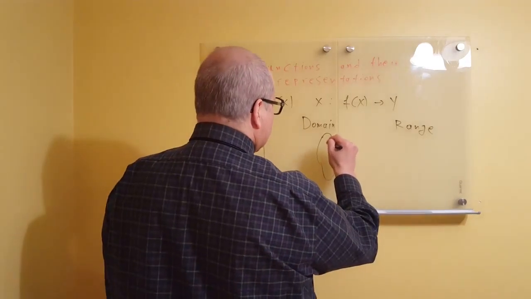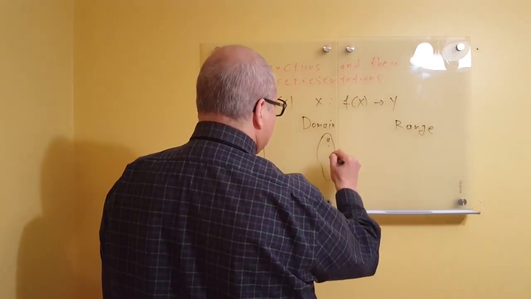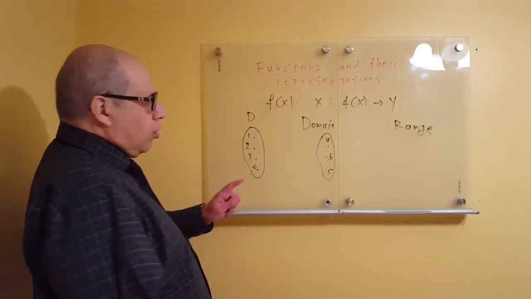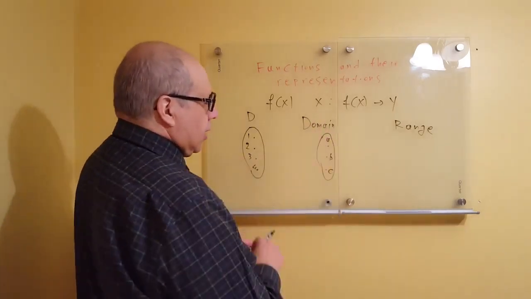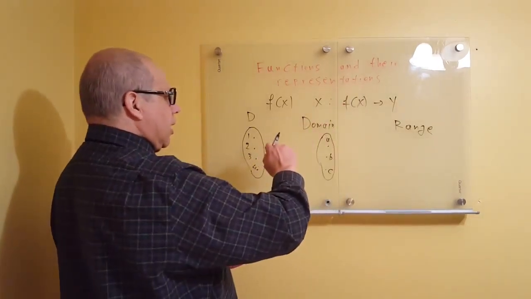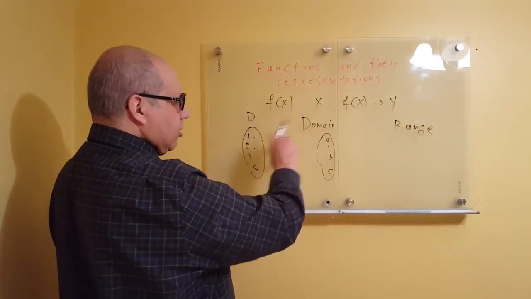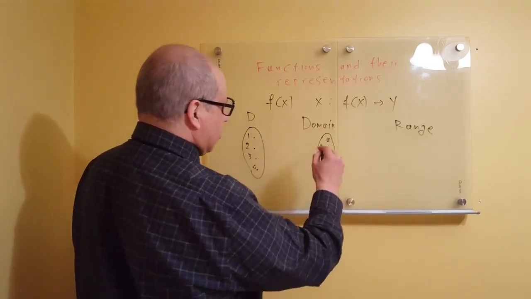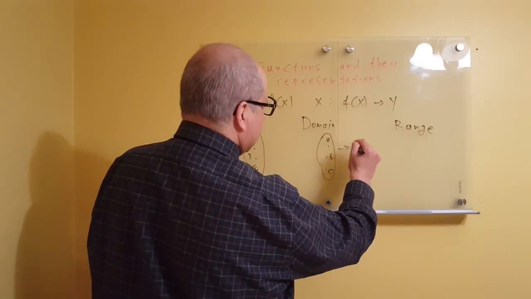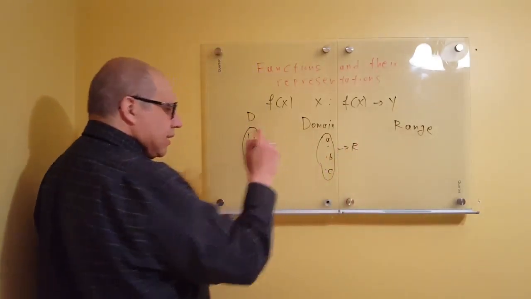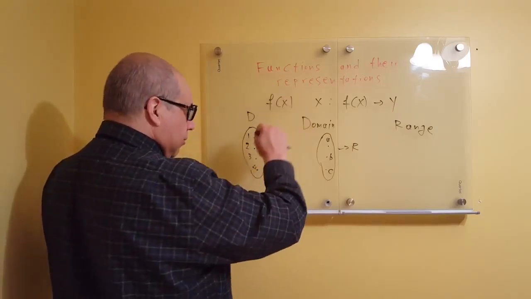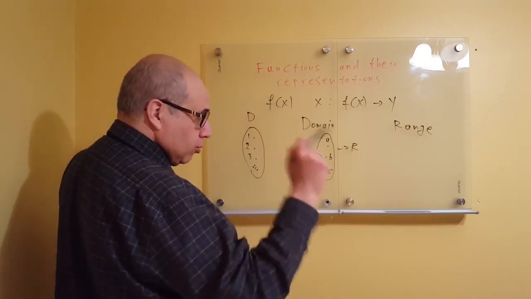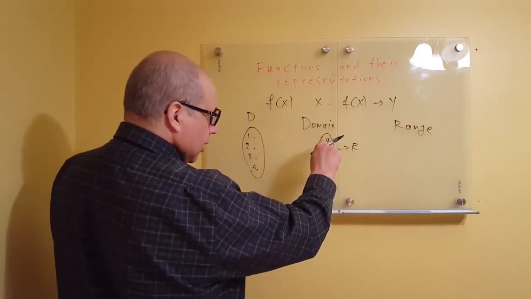And here you have the elements A, B, and C. And let's say, through a rule, which is the function, you connect these two sets, which again, this is the domain and this is the range. So we said that the definition is that for every element in this set here, there must be one and only one element in the range.